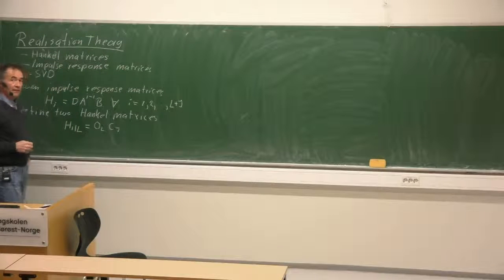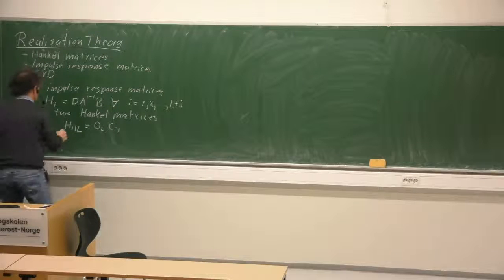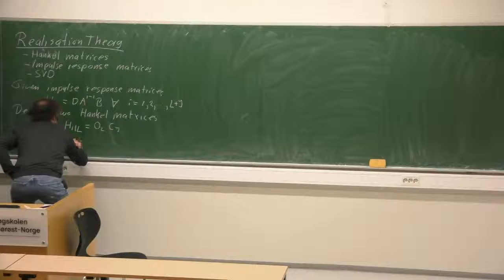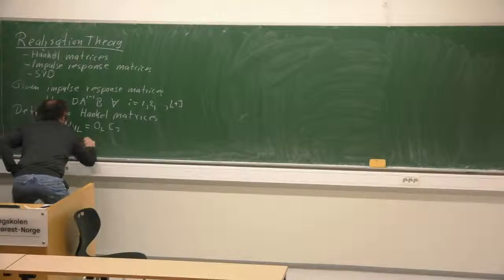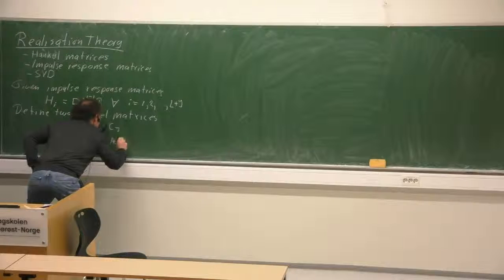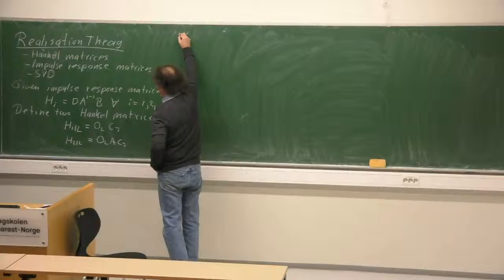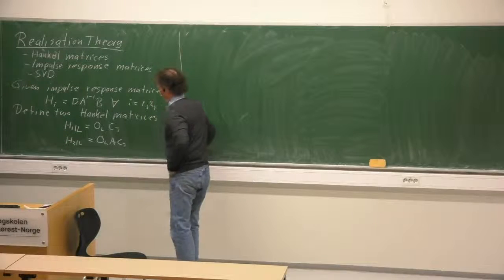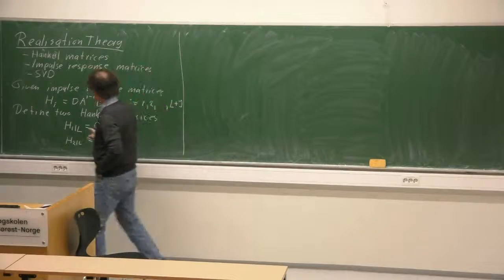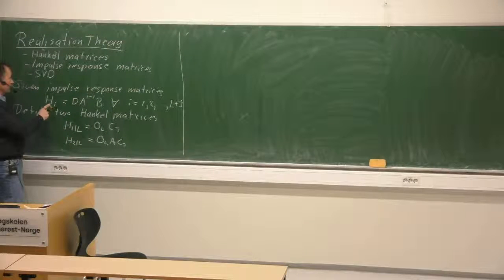There is a second Hankel matrix related to A also, that is H2 given L equal to O_L A C_J, where those two Hankel matrices are defined from the impulse response matrices.